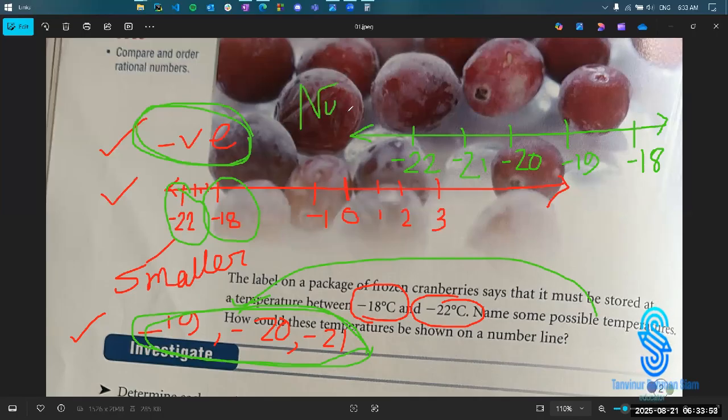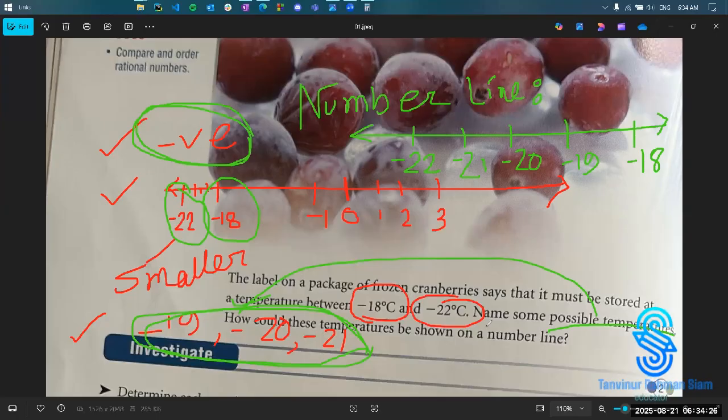Here you will write number line, and then draw this particular number line. Before that, write -19 degrees Celsius, -20 degrees Celsius, -21 degrees Celsius. Those are possible temperatures.